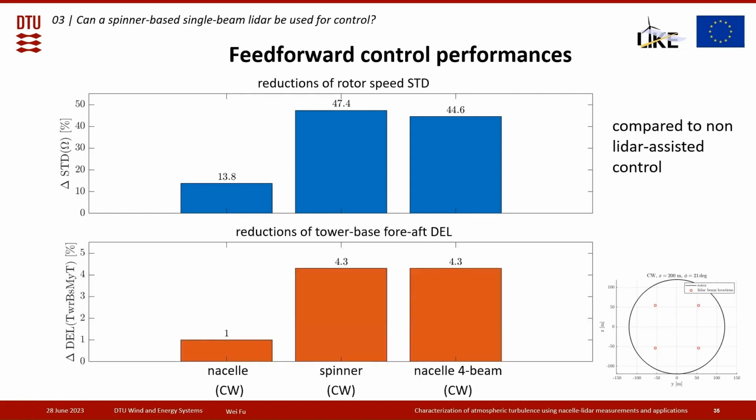We also look at the damage equivalent load of the tower-base moment in the fore-aft direction, and we see that using a nacelle one-beam LiDAR, we can achieve just 1%, and this reduction increases to 4.3% using the same LiDAR in the spinner, which is also at a similar level to what the four-beam nacelle LiDAR could provide.